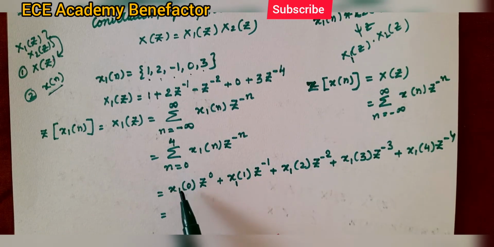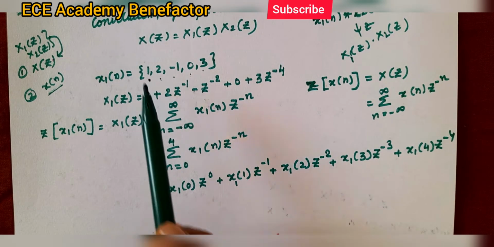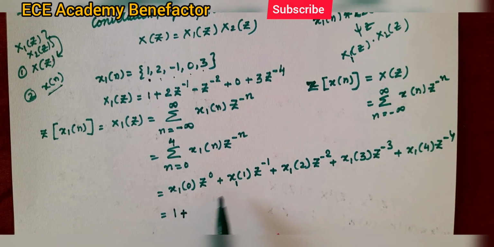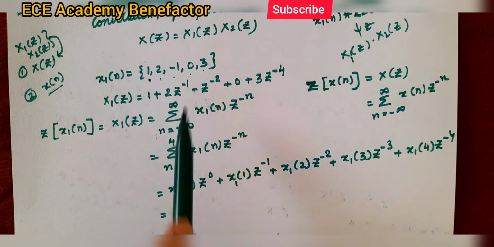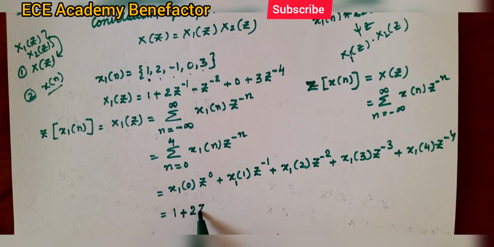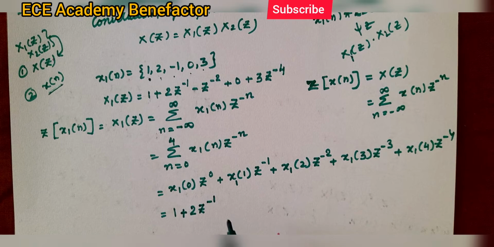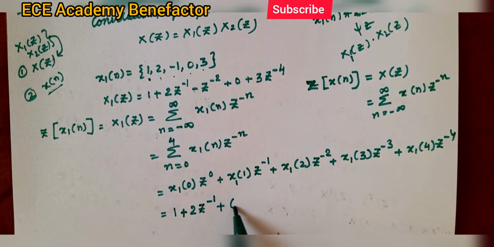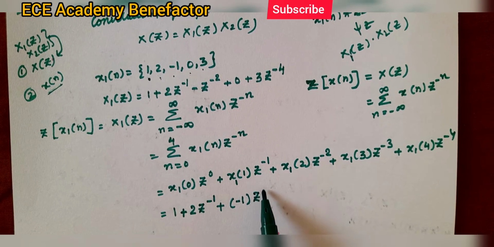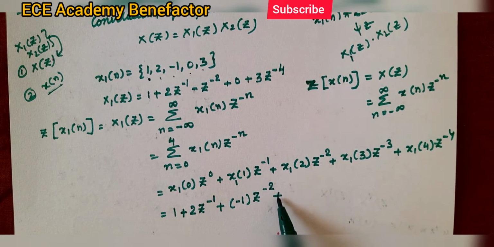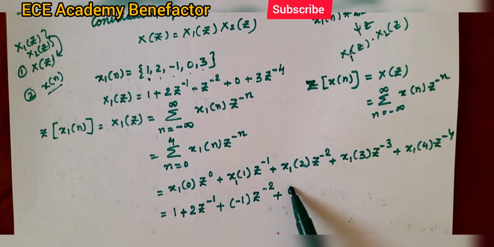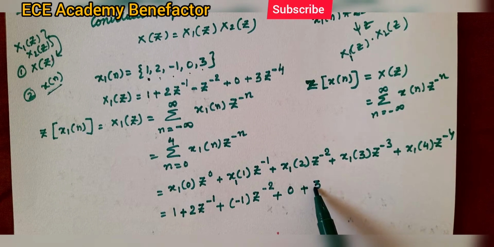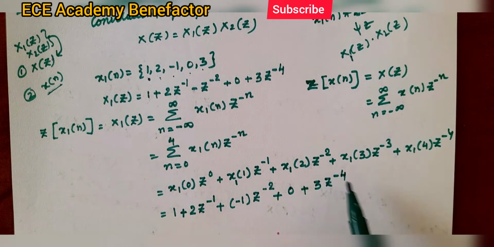What is x1 of 0 value? It is 1, z to the power 0 is 1, plus x1 of 1 is 2, so 2 z to the power minus 1, plus x1 of 2 is minus 1, so minus 1 z to the power minus 2. x1 of 3 is 0, plus x1 of 4 is 3, so 3 z to the power of minus 4.